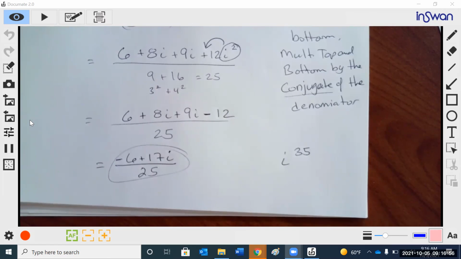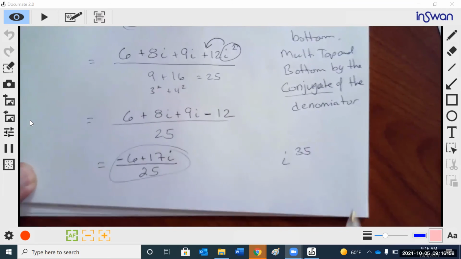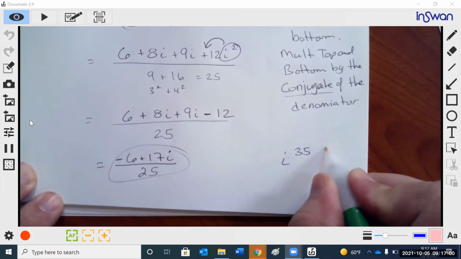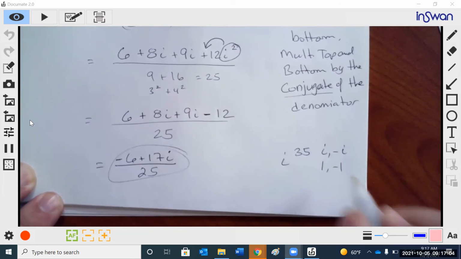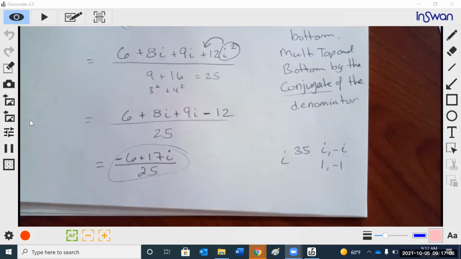The answers can only be one of four things: an i, a negative i, a 1, or a negative 1. Remember, in your final answer, you can never have an exponent on i. It's either going to be i's or 1's. That's what the last part of this section is going to be.